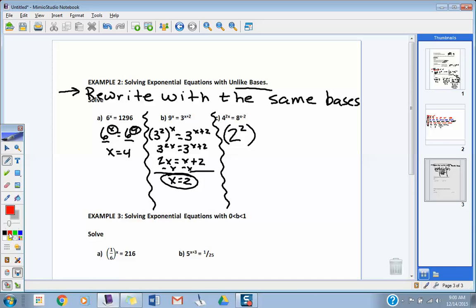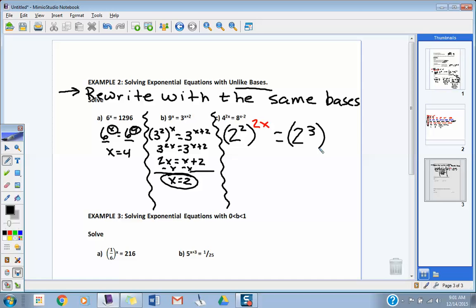Okay, 2 to the second is now that value of 4, but you still have an exponent out here of 2x. All agree? Then, what did we say we were going to rewrite the 8 as? 2 to the third, right? This 2 to the third is that base of 8 now. But what's its exponent out here?